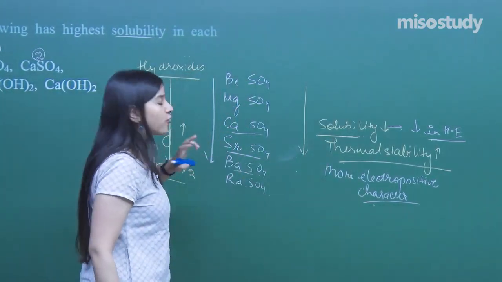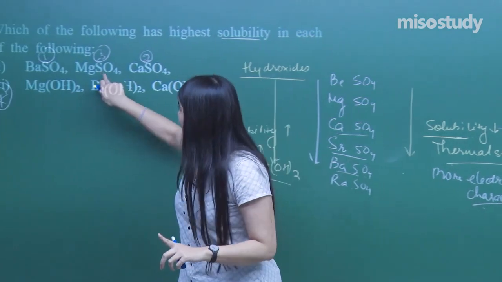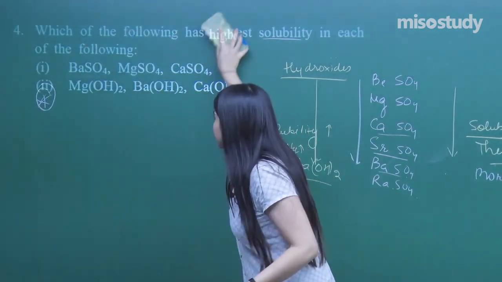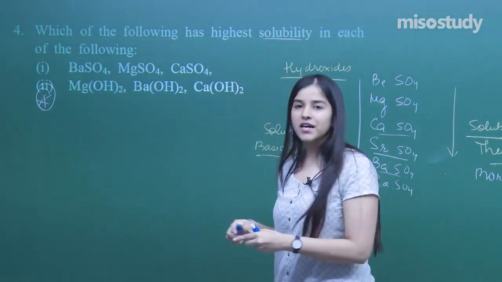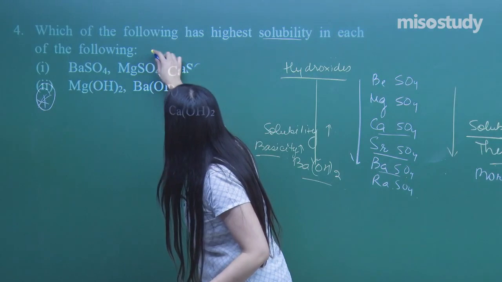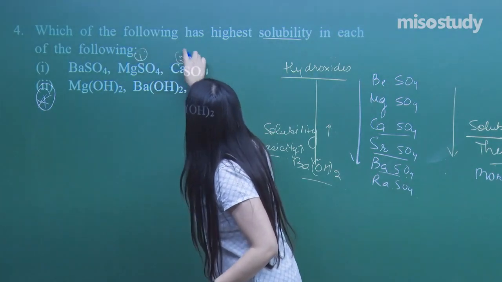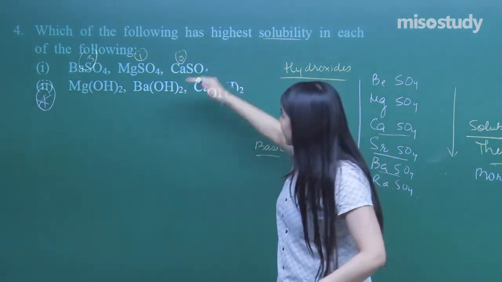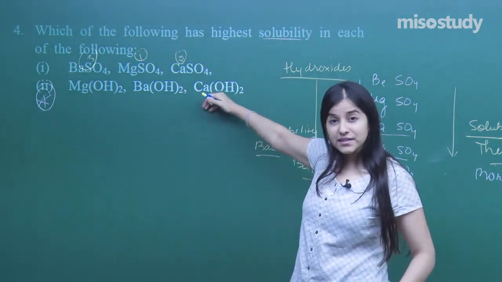So the least would be for the barium, right? That means magnesium should be having the highest one, right? I just have written mistakenly the opposite order. So it will be 1, then 2 and then 3. This one will be having the highest, fine. And here the order will be just the opposite.